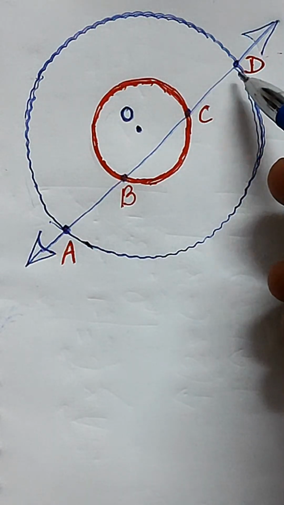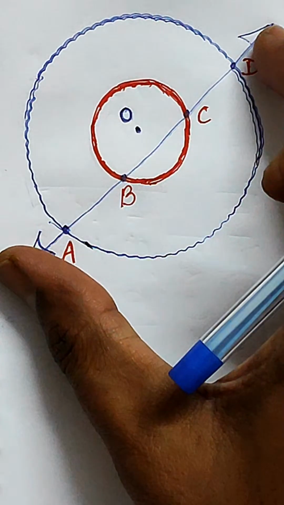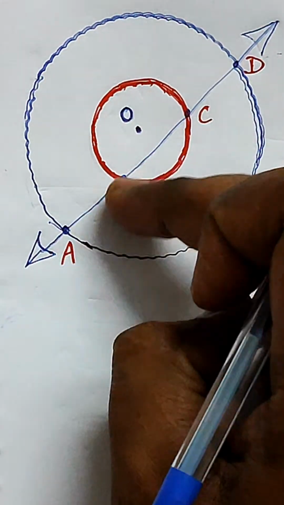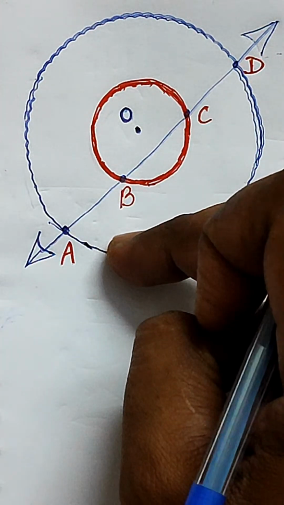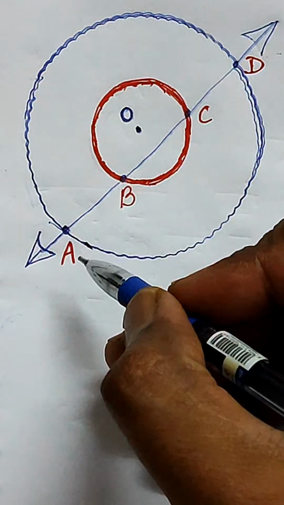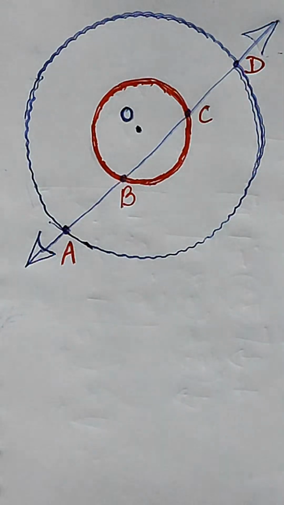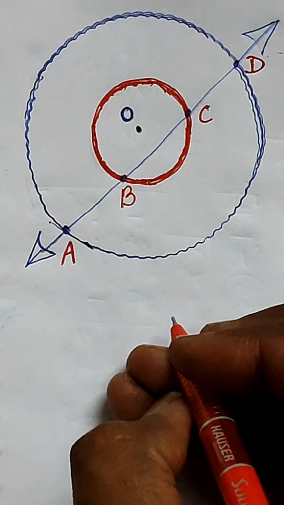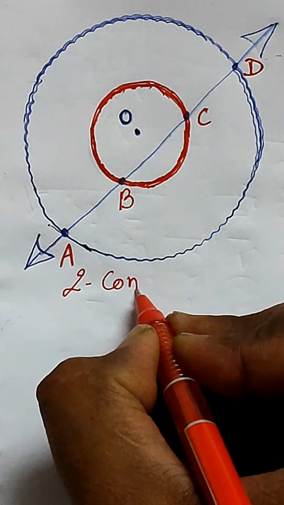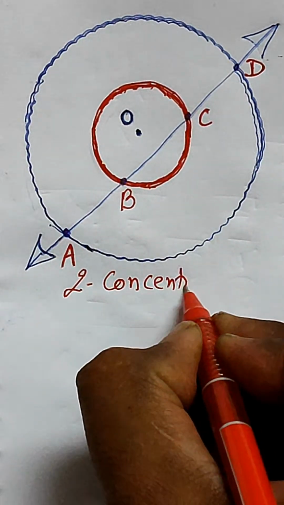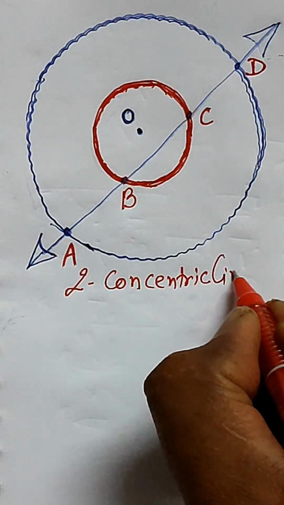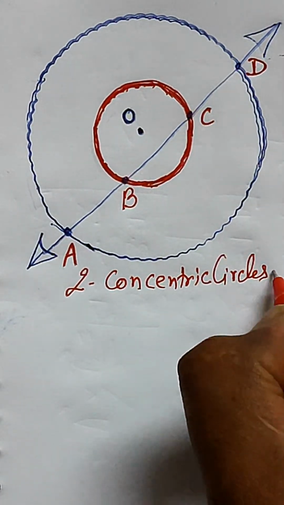So as per the question, this is the line segment which is intersecting both these circles at four different points. That means you can understand this as a chord which is common to both these circles. Now we need to prove. So what is the data given in the question? Data is that two concentric circles, concentric means circles with the same center.